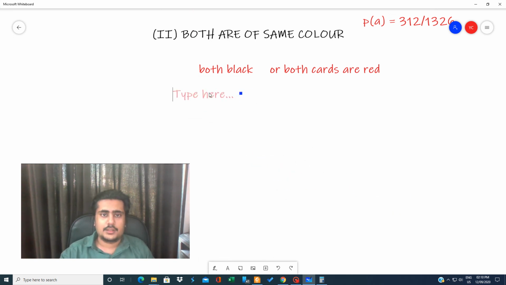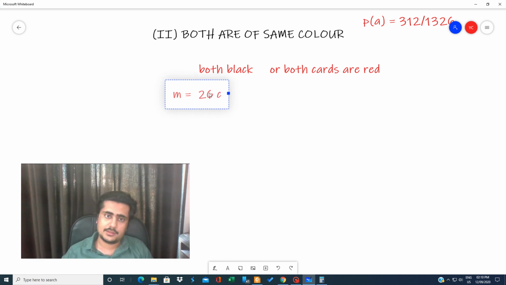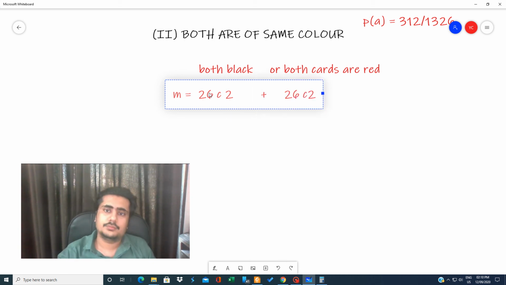Now total how many black cards are there? Total 26 black cards are there. So it's 26C2 or 26C2 for both red.